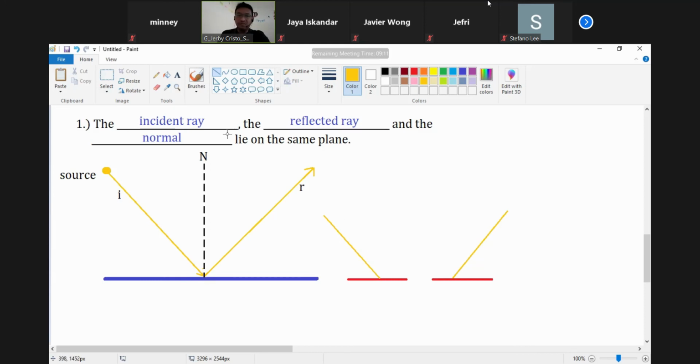Why? Because according to the law, the incident ray, the reflected ray, and the normal must be at the same point in the same plane.